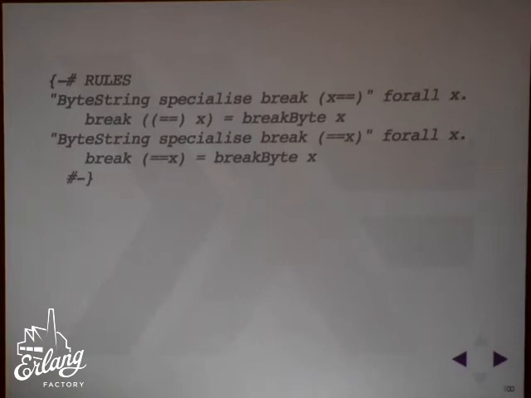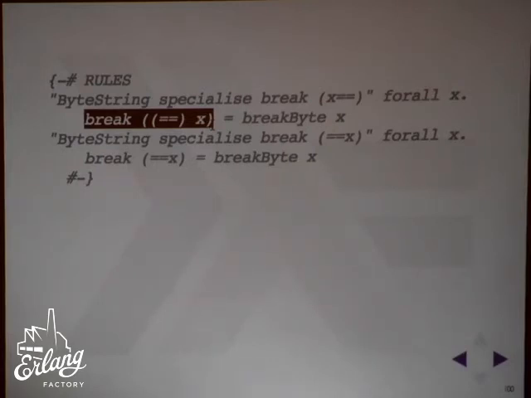So a simple example is in the byte string library, a common thing to do with strings is to split on some given character, like a new line, for example. So they have this rule that says, if somebody writes code that says break, and break just takes a function, so any arbitrary function that works given a Word8 or a Char as input.